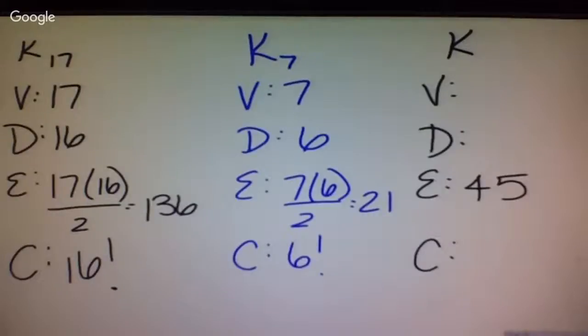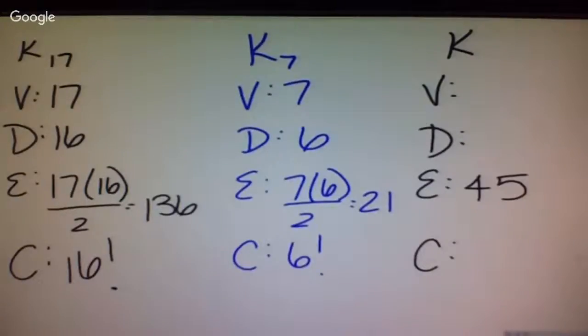This time all I gave you is you have 45 edges. How do I work the formula backwards if I have 45 edges?